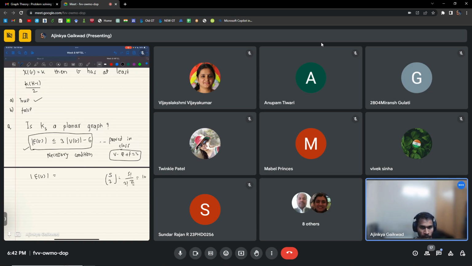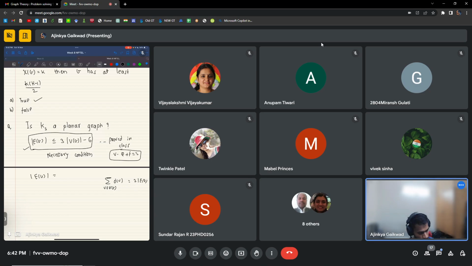This is 10. Or you can also use the handshaking lemma, which says that the summation of the degrees of vertices is equal to 2 into the number of edges, where v belongs to V of G. Here I have 5 vertices and each has degree 4, because in a complete graph on 5 vertices, a vertex is adjacent to every other vertex.